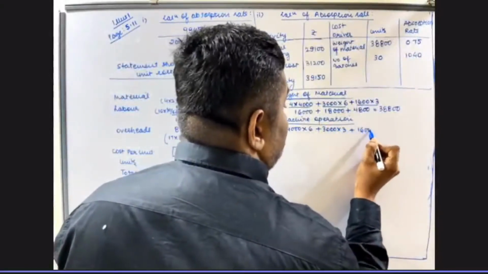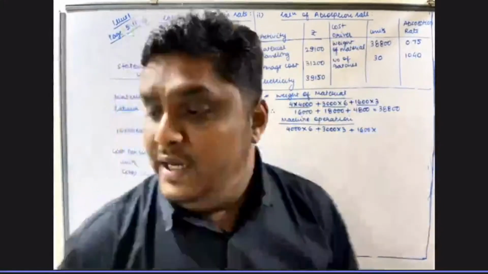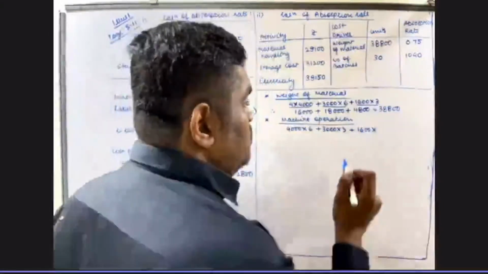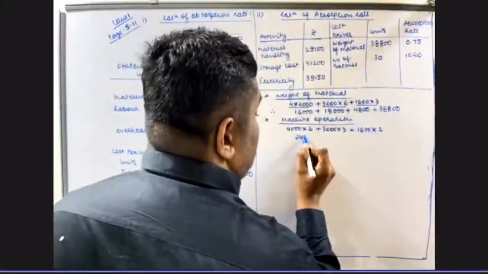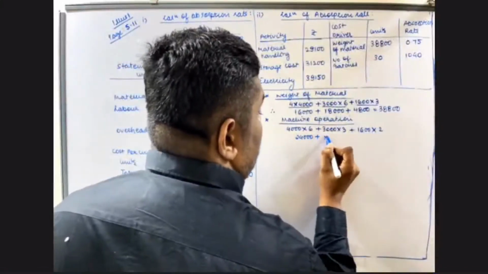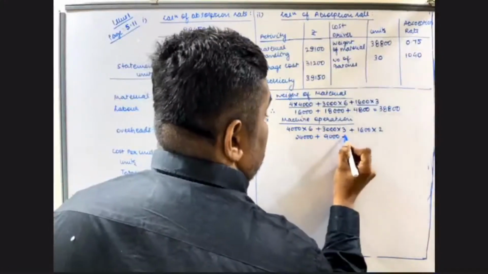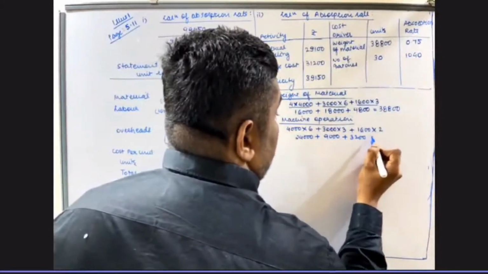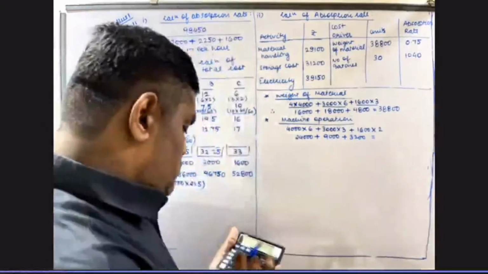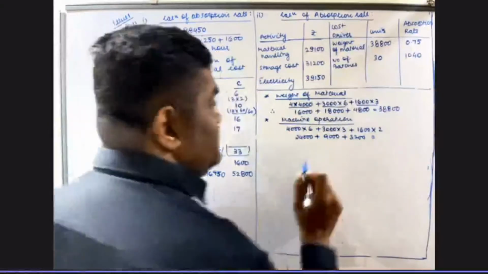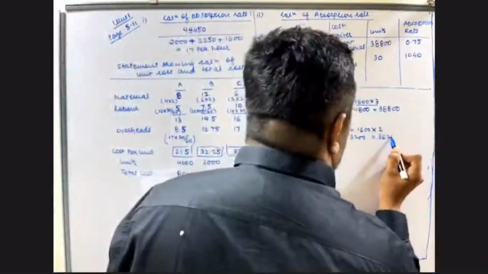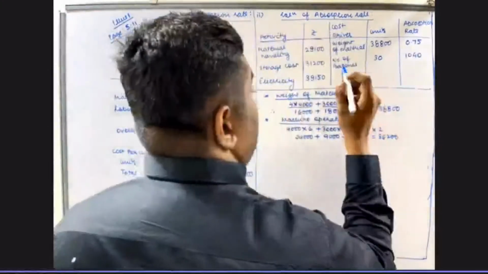And the number of machine operations per unit for product C is 2. So this will be 24,000 plus 9,000 plus 3,200, so this will be 36,200. That is machine operation.